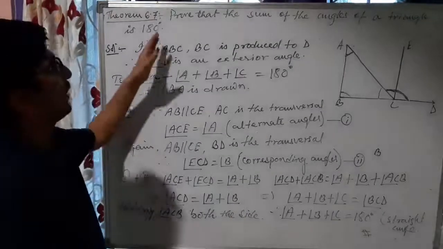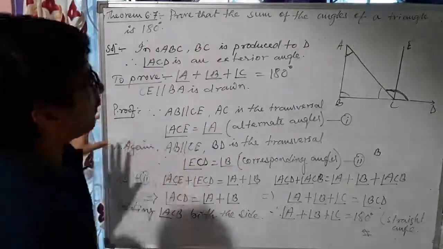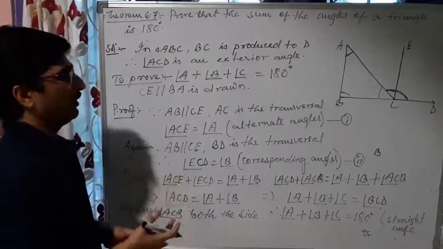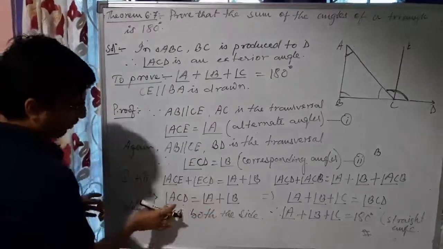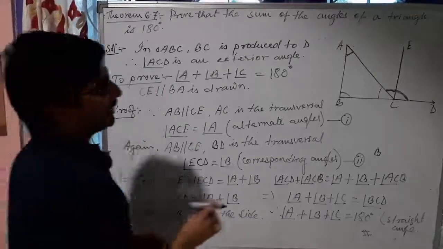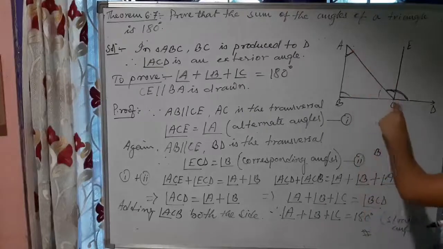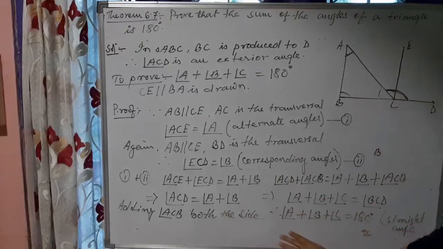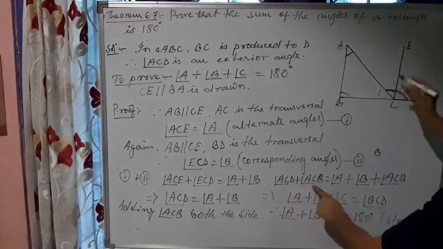Now the angle sum property, that the sum of the angles of a triangle is 180 degrees. That angle sum property we can also solve using the same pattern, and we need not learn another pattern. Up to the exterior angle property we proved ACD equals angle A plus B. Now in this equation, if you add angle C, that is ACB, on both sides, then what does it become?